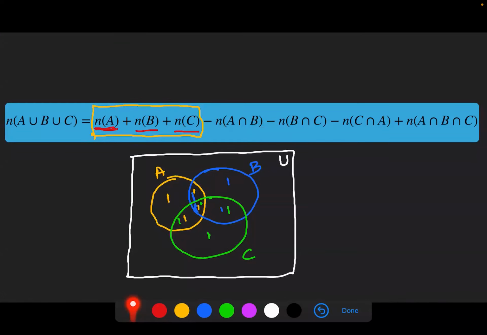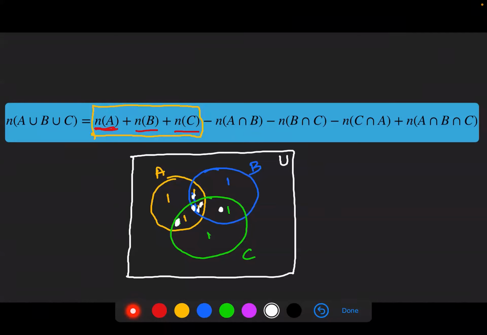twice, right? Yes, sir. So you're removing it once. You remove this region, then B intersection C, you remove it, and then C intersection A, you remove it.